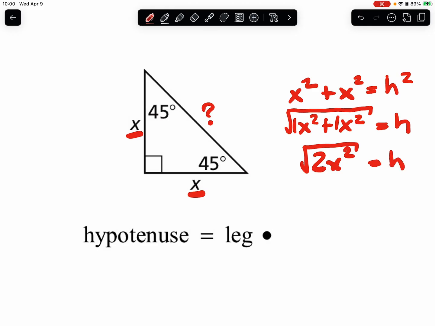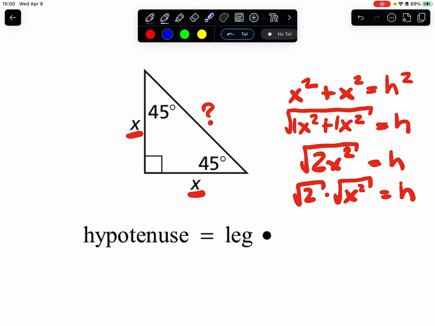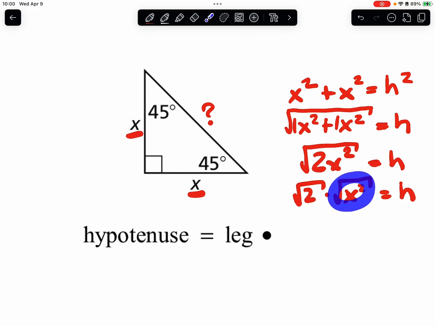Now we can break this up from our days of algebra into two parts. I'm taking the square root of 2 times the square root of x squared, and hopefully you recognize that this is actually just x. So I have the square root of 2 times x.